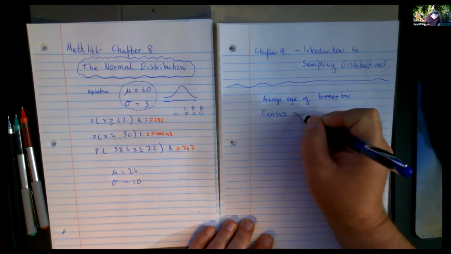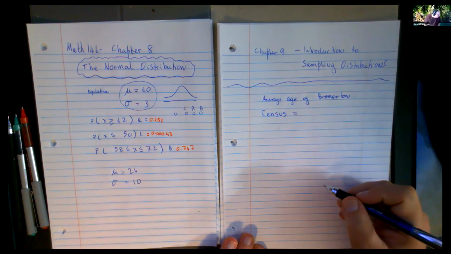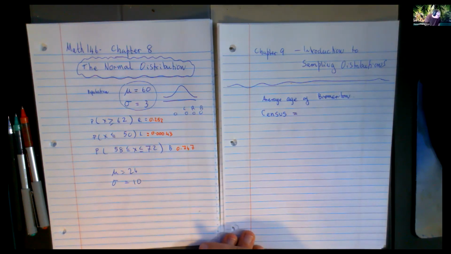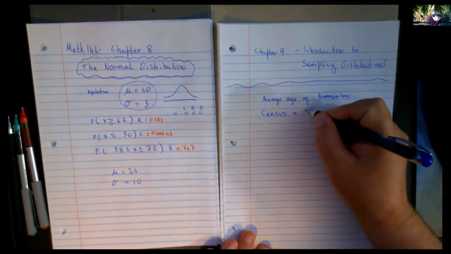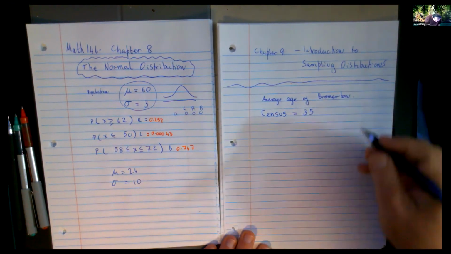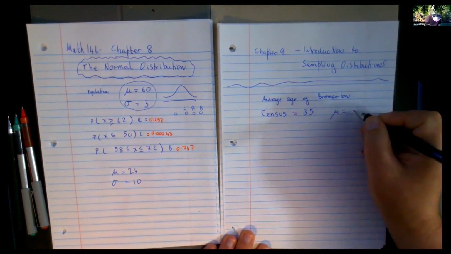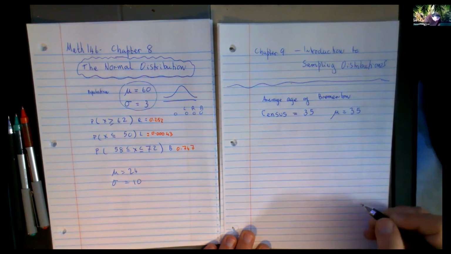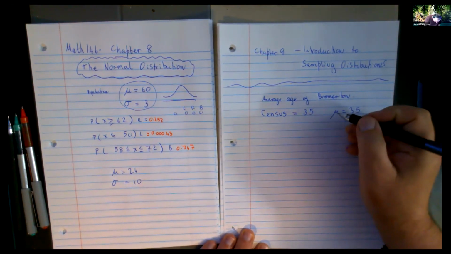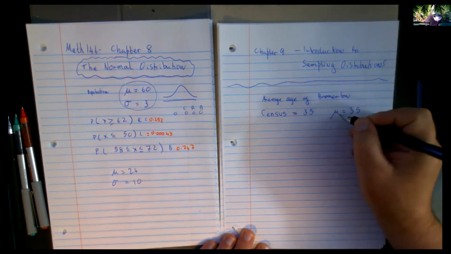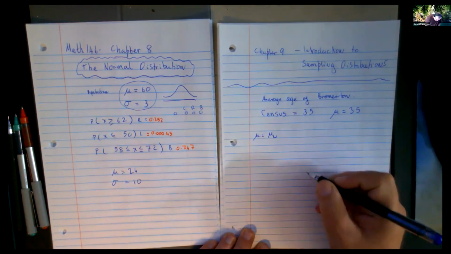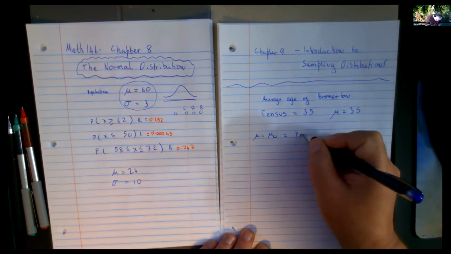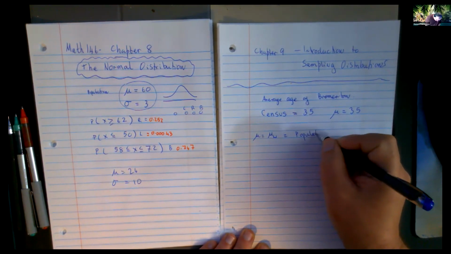What I would do in a census is I'd find every single person who lives in Bremerton and get their age, right? And if I did that, and I'm making numbers up, it's 35. So we would say that the mean of Bremerton is 35. Now, because that's a census, the symbol that I use for the mean is mu, right? It's pronounced mu. And that is the symbol that you use when you're talking about the population mean.